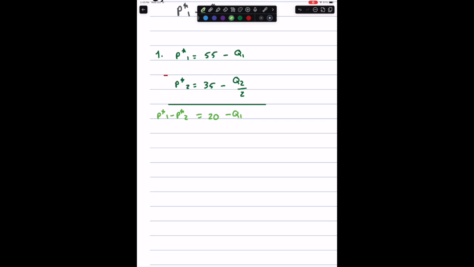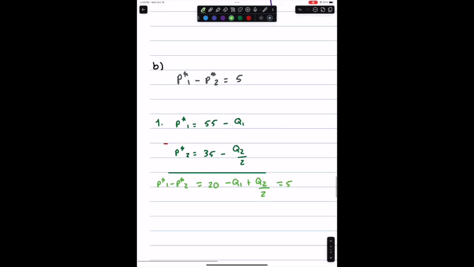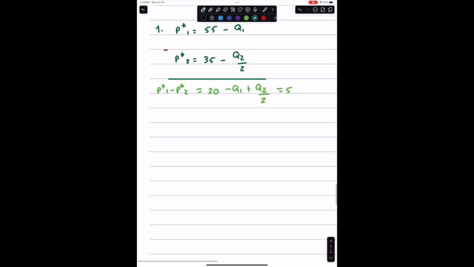So because it's the two minuses, we're actually going to add Q2 over 2. And we know this is equal to 5 because we know P star 1 minus P star 2 is equal to 5, and we have P star 1 minus P star 2 here. We can then rewrite this as 20 minus Q1 plus Q2 over 2 is equal to 5.